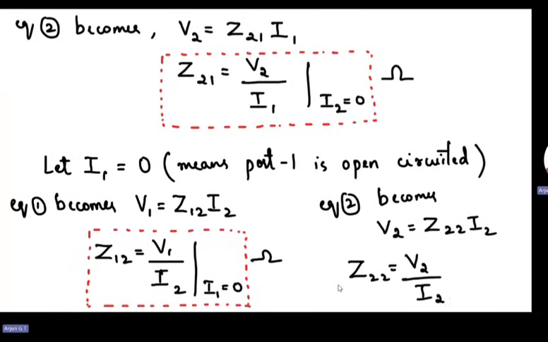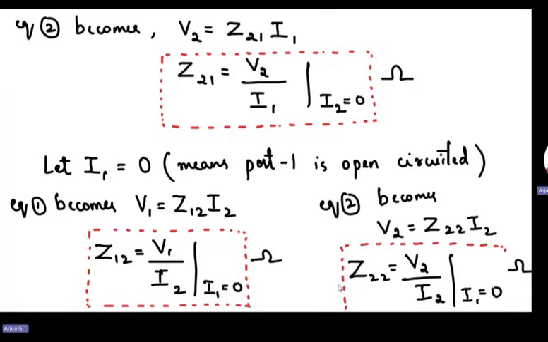Therefore, Z22 is equal to V2 by I2, considering I1 equal to 0. By considering I1 equal to 0, making port 1 open circuited, we can find Z12 and Z22. By making I2 equal to 0, with port 2 open circuited, we can find Z21 and Z11.